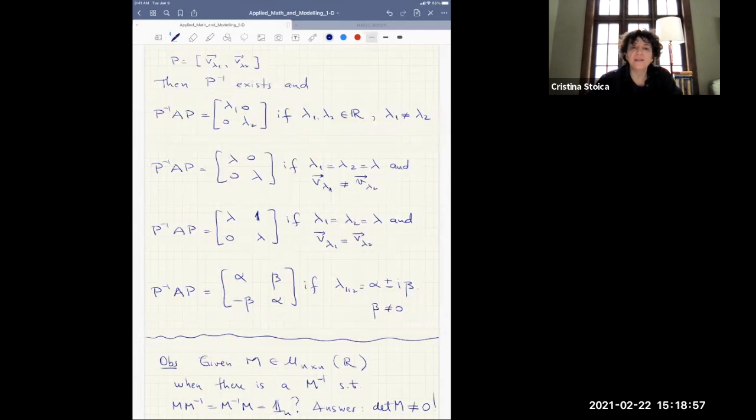So P minus 1 exists no matter what lambdas we have there, by the way. That's what the theory says in linear algebra. But I kept wanting to ask you, so that's why I was coming back and forth. All right, so why are we interested in this?